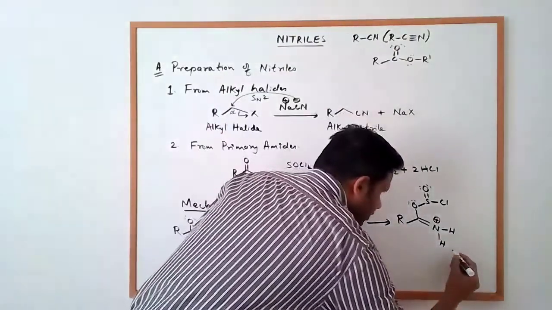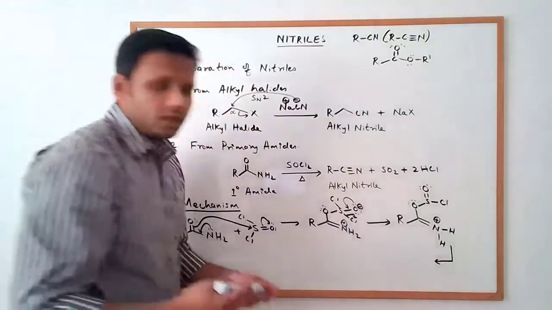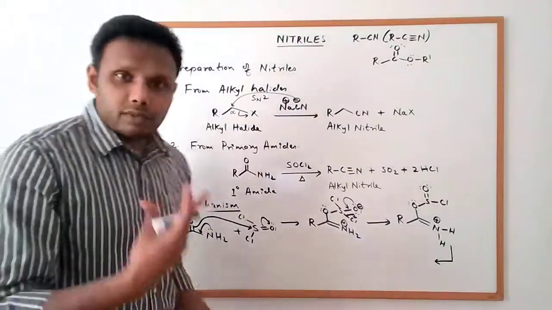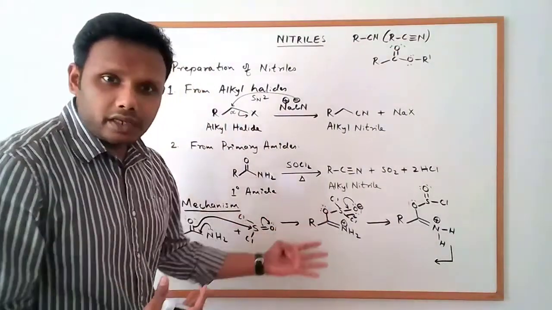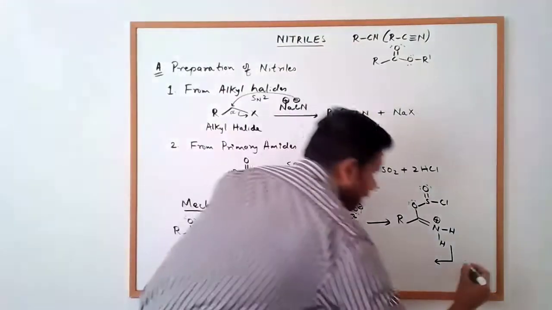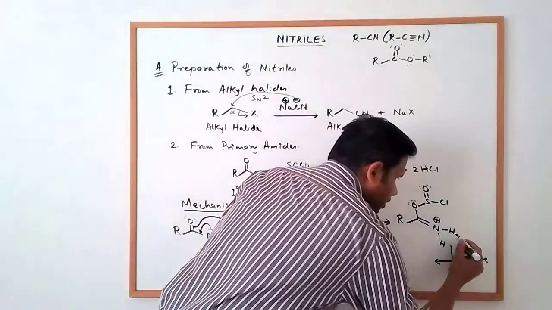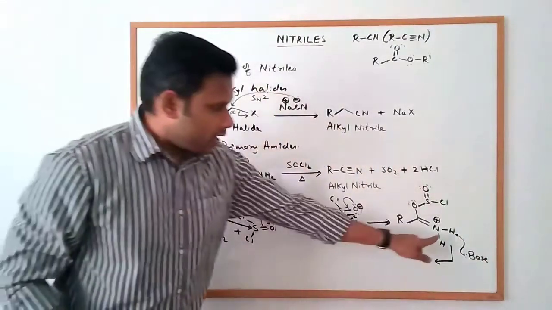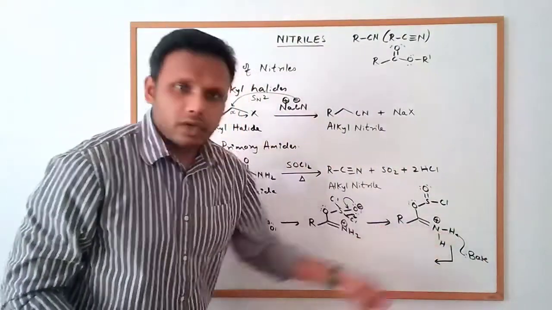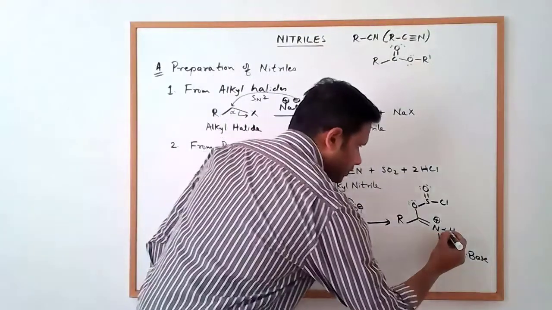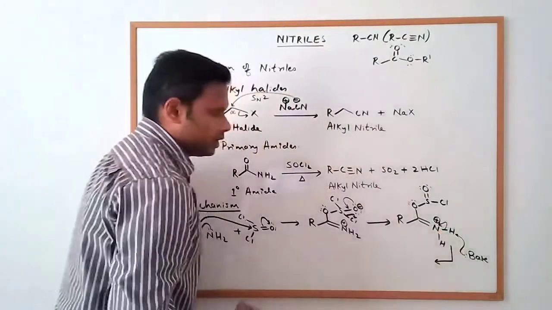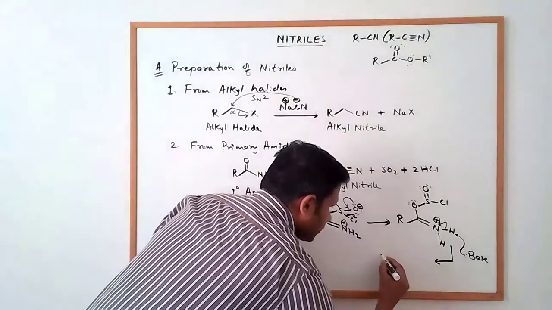And now from here, some base in the system, and this will be a weak base, so any species here which can act as a base, can deprotonate the nitrogen. It removes a proton on that nitrogen and gives the electrons back to the nitrogen atom.